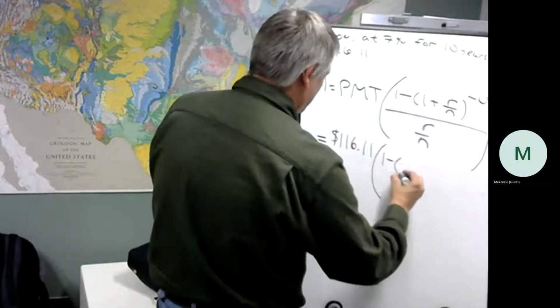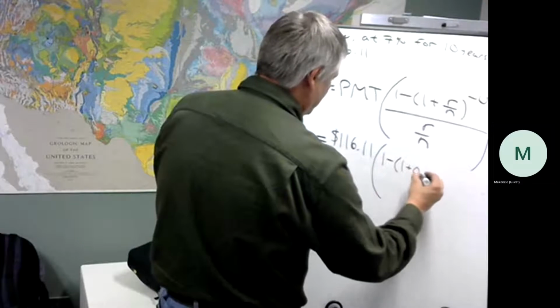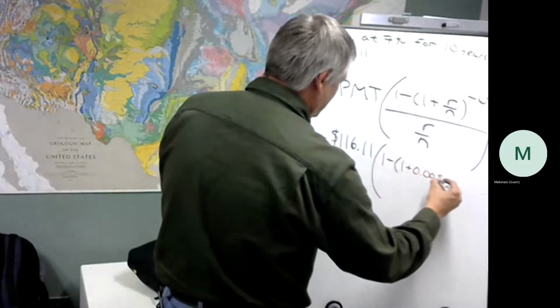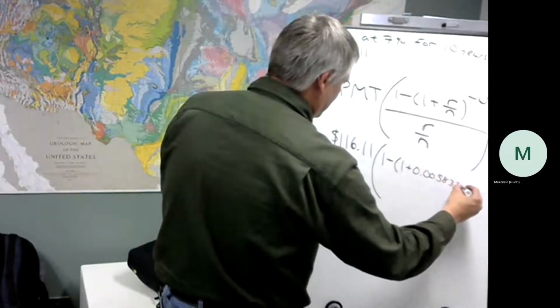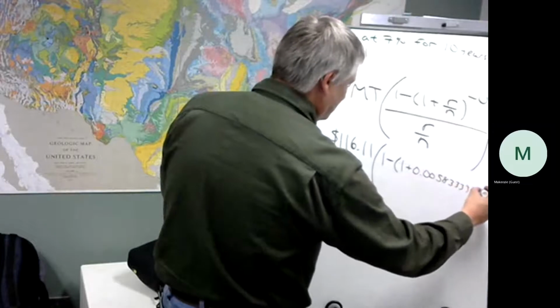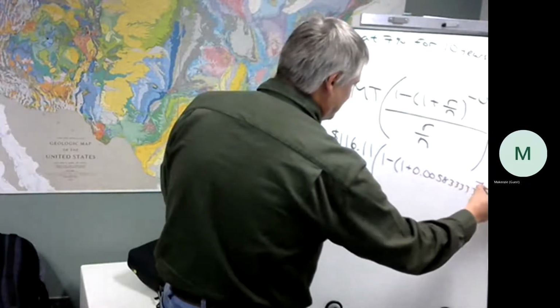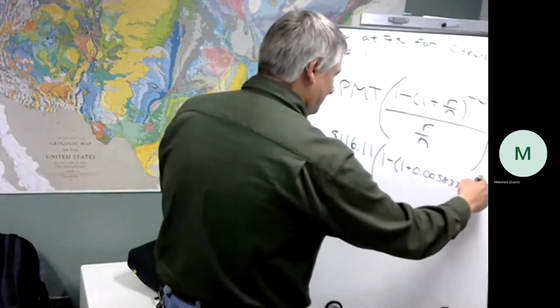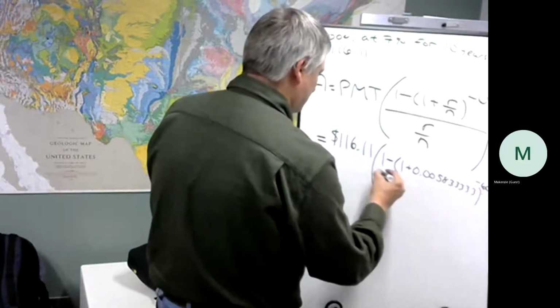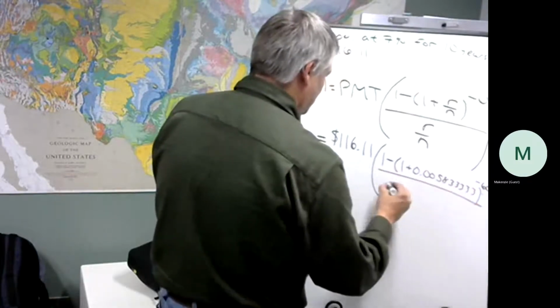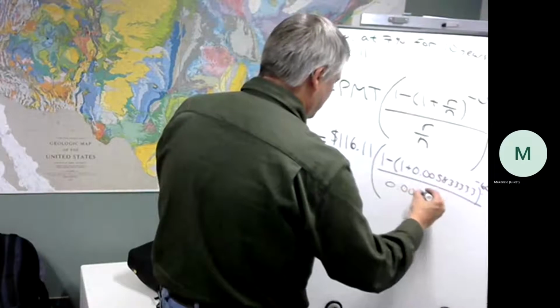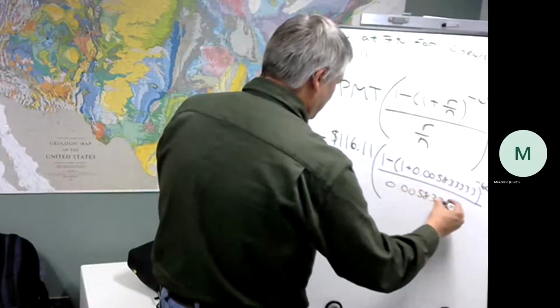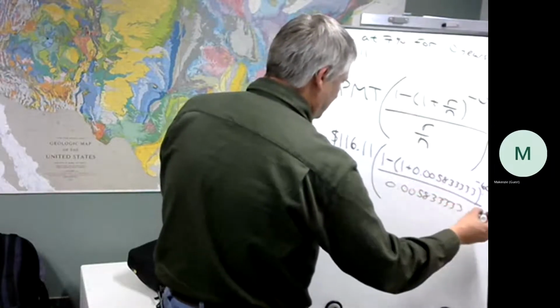And then our r over n, that was 0.0058333333, to the minus 60.